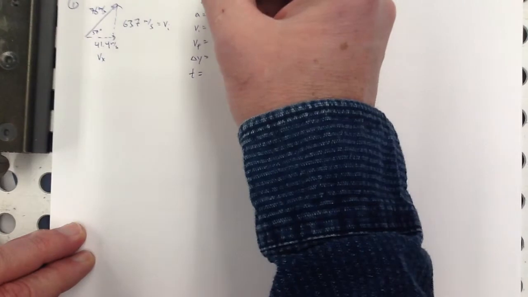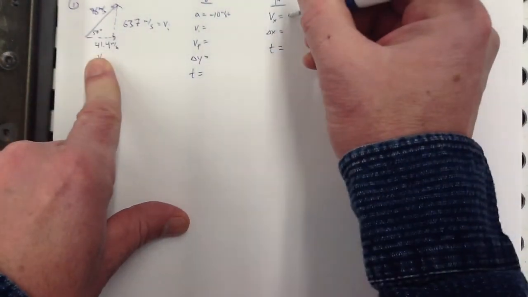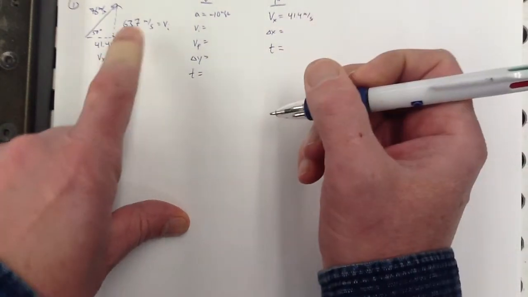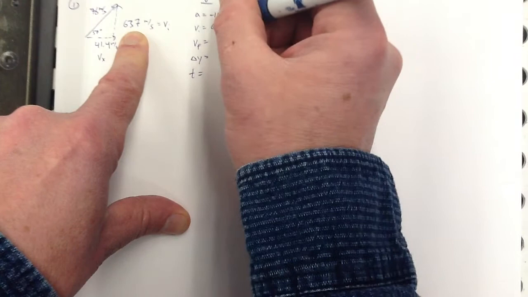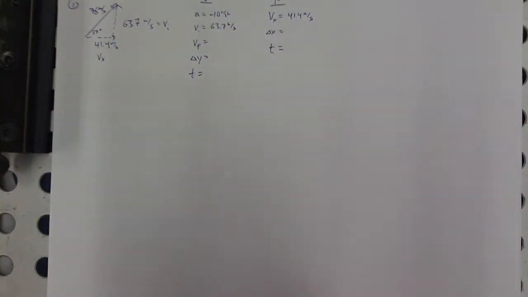And I know this is going to be negative 10. I got my Vx, my constant horizontal velocity, and my initial vertical velocity. All right, let's see what else we got.